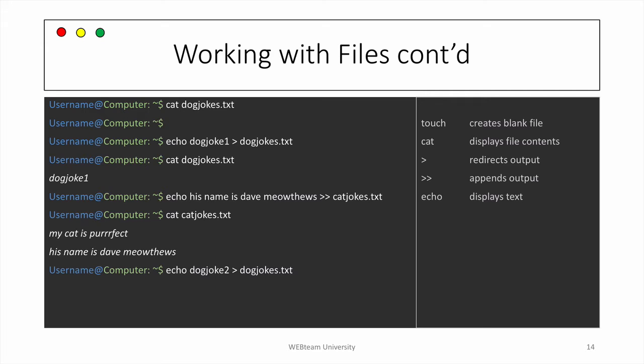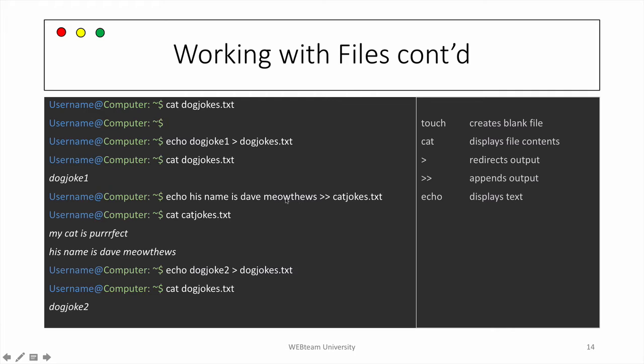Now, I'm going to echo my second dog joke, aptly named dog joke 2, redirecting the output to dog jokes text. And then we're going to cat dog jokes text. You may have been expecting to see two jokes inside dog jokes text, but remember, the redirect command simply redirects the output to the text file. It does not acknowledge the text that is already in dog jokes.